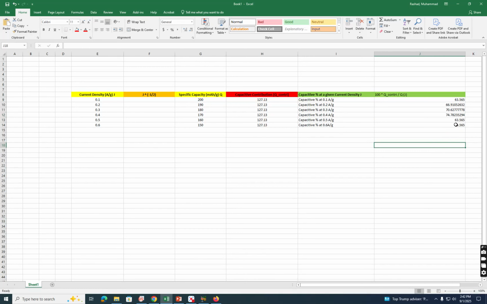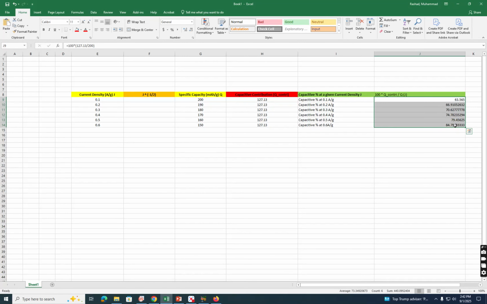I am using very fixed values. 160, and this is 150. So these are the capacitive contributions.